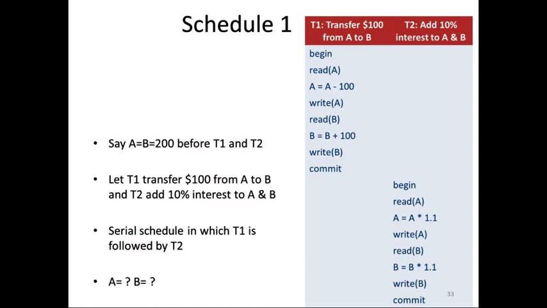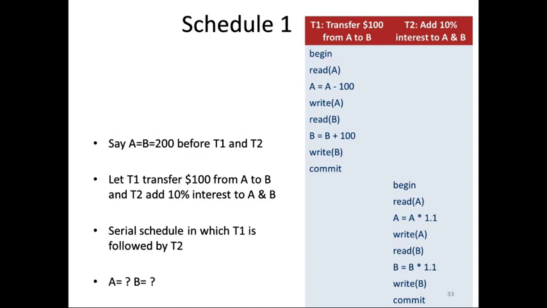Okay, so let's look at an example for that. We have here, of course, a schedule that is serial, right? So we have T1 that transfers 100 from account A to account B. We have T2 that adds 10% to both A and B. Let's say that initially A and B are 200 before all this happens.